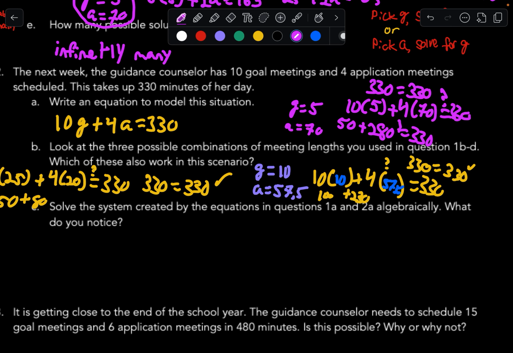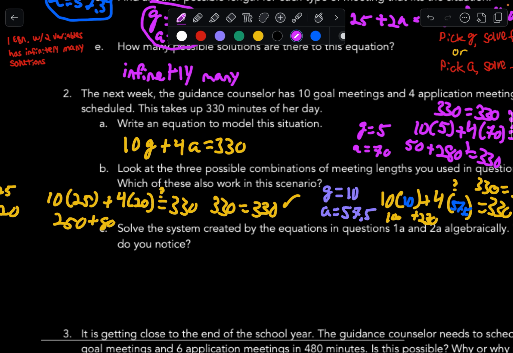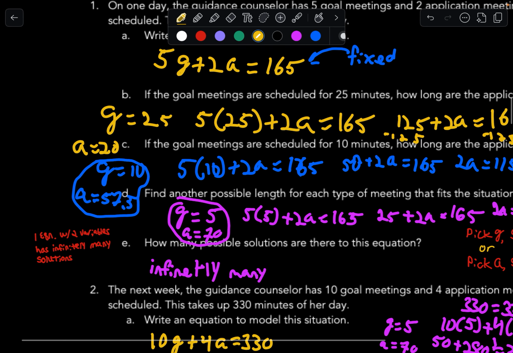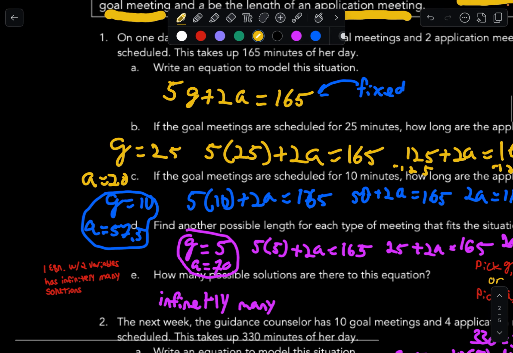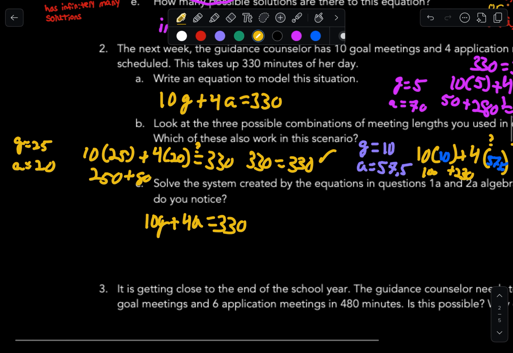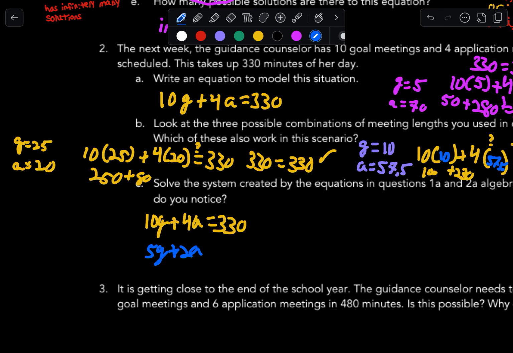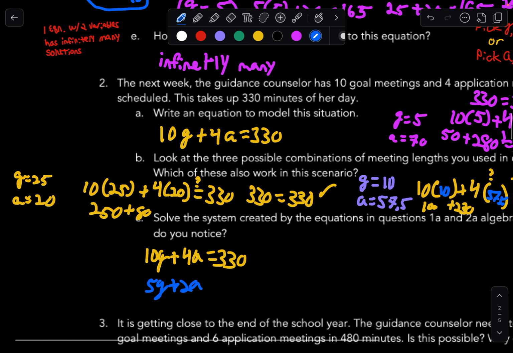What do you notice? Okay, so basically, we had two equations. We had 10g plus 4a equals 330, and we had 5g plus 2a equals 165 from problem 1.